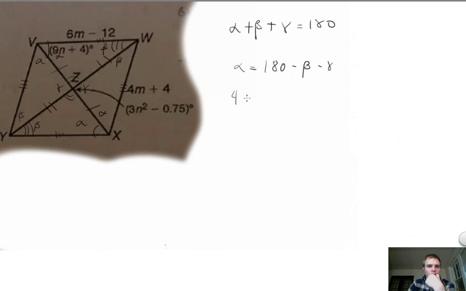And then for, okay, so 4 alpha plus 4 beta equals 360. So alpha equals 360 minus 4 beta over 4, which equals 90 minus beta.